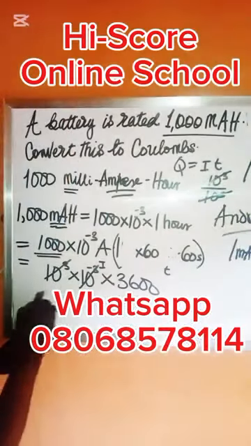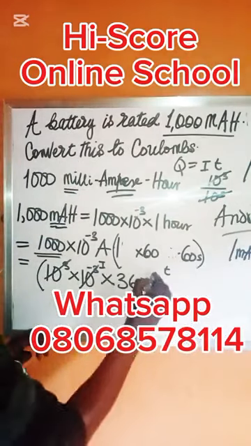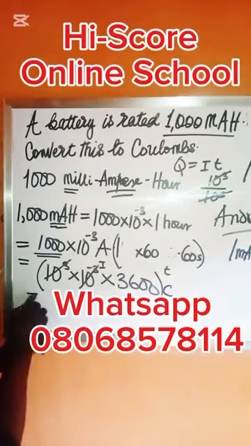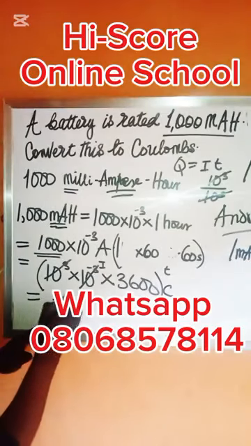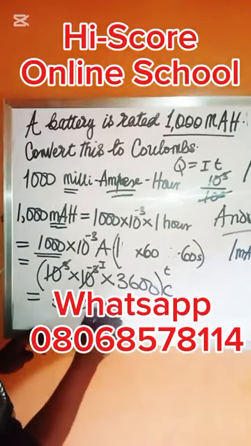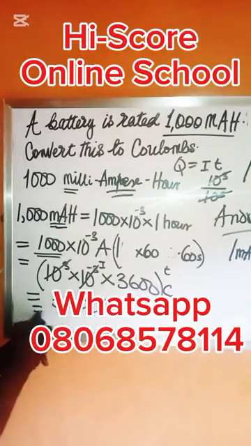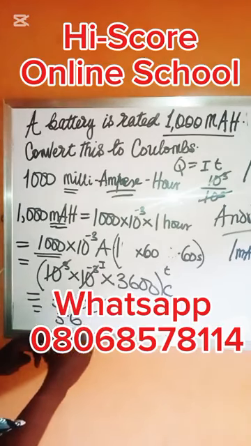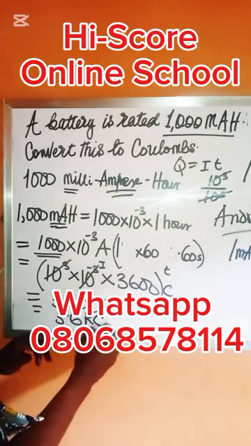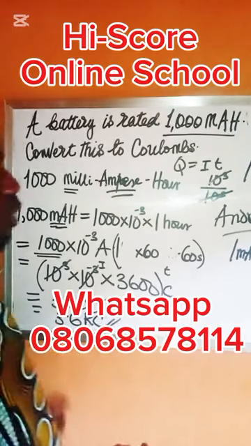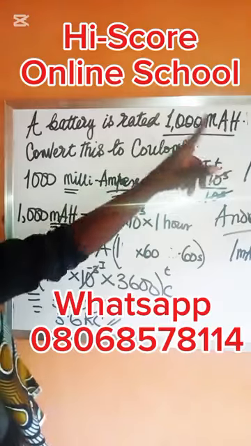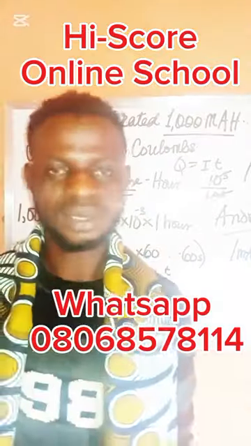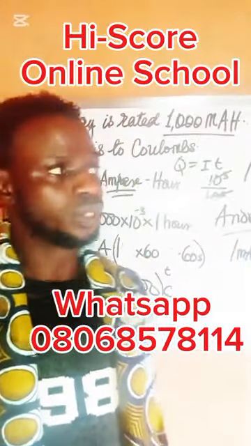We are left with, this is now in coulombs, 3600 coulombs. Or we can write it as 3.6 kilocoulombs. All right, so that's how we convert milliamperes to coulombs. All right, see you in our next video.